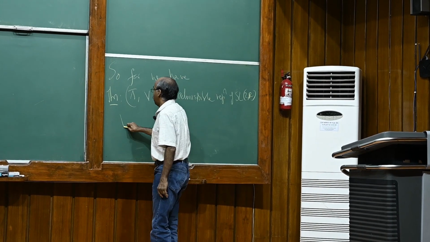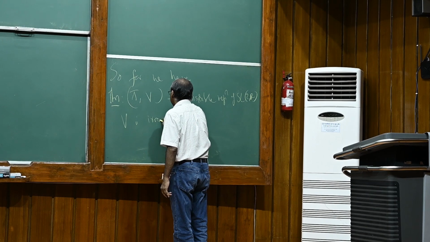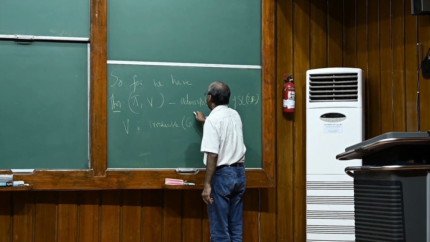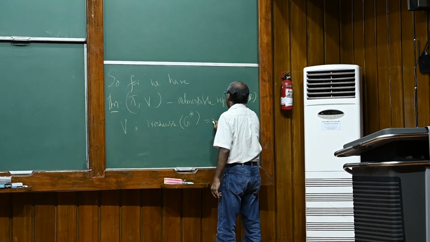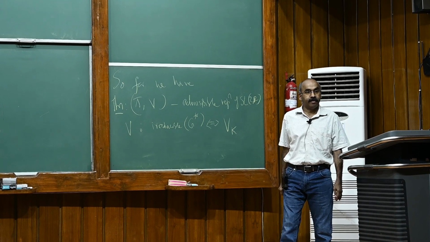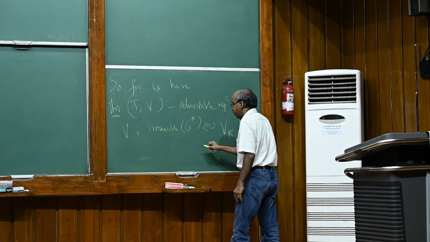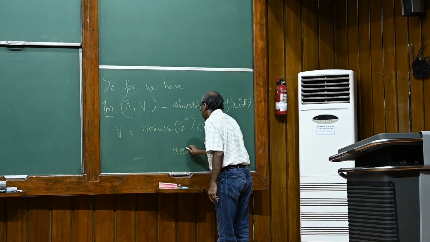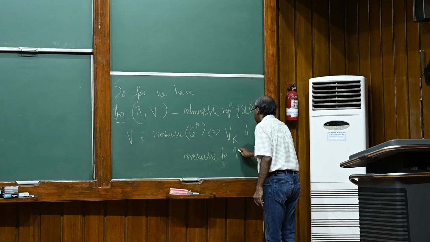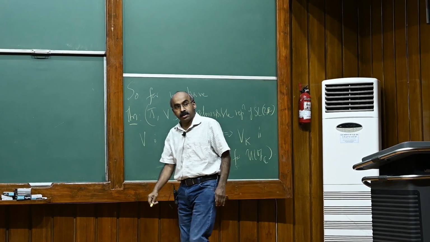Then pi is irreducible, so this is irreducible for the G action, if and only if Vk, the K-finite vectors, is irreducible for the universal enveloping algebra. So this is where we are.